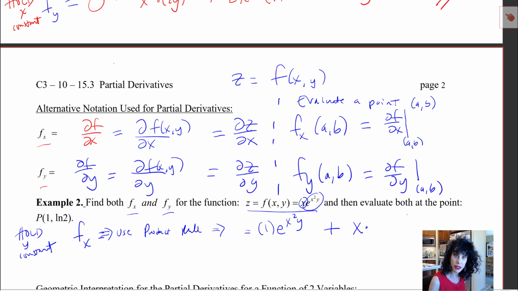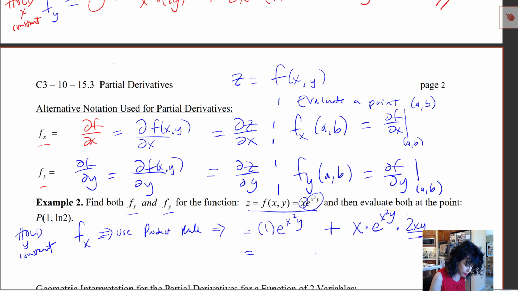You remember how to take the derivatives of an exponential. The derivative of e to the u is e to the u times u prime. So u prime for us will be the derivative of x squared y with respect to x. Remember, y is just a constant multiple, so it comes along for the ride, and the derivative of x squared with respect to x is 2x. So 2xy is the derivative of the power there, x squared y.